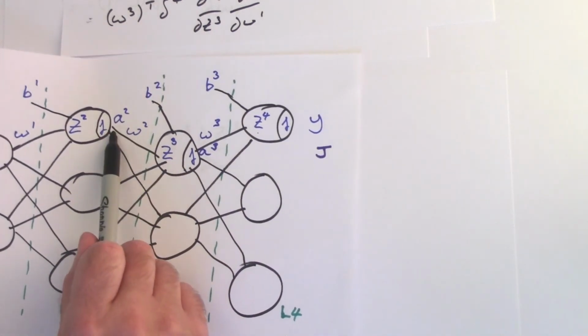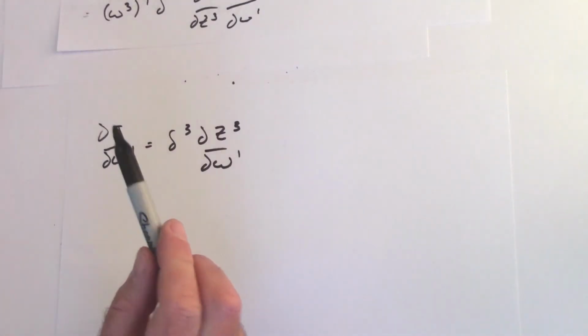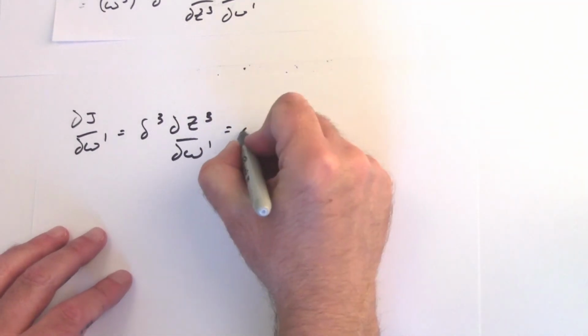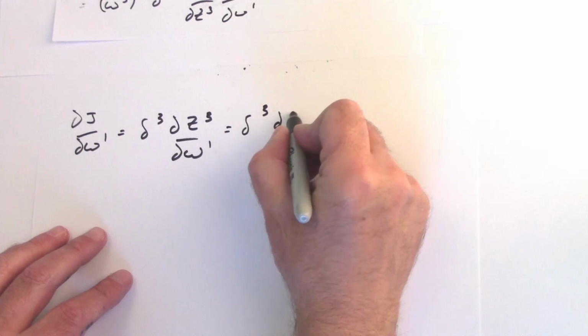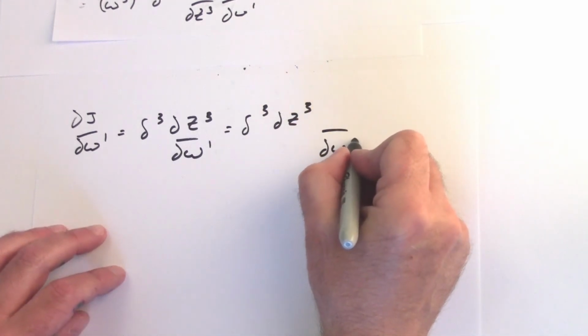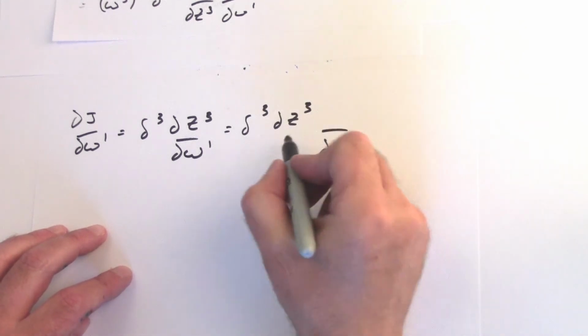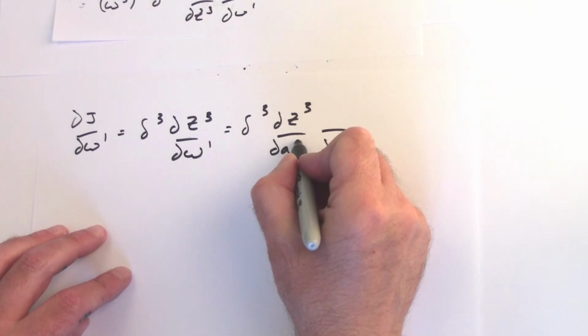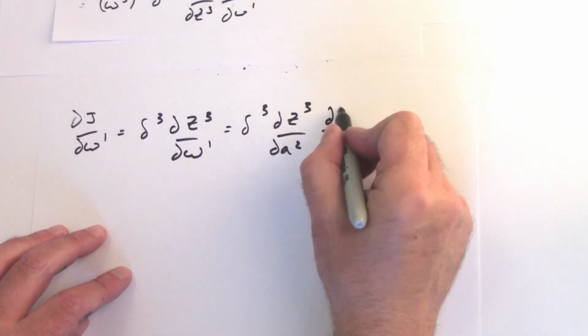So dz3, the next one back is A2, so that can be split up as del 3 dz3 by dA2 times dA2 by dW1.